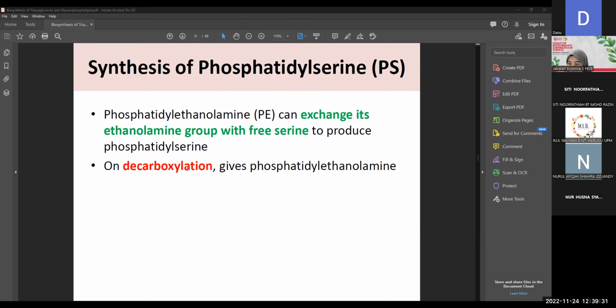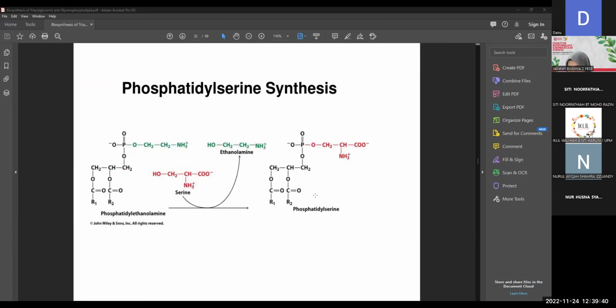But when phosphatidylserine undergoes decarboxylation, it will produce phosphatidylethanolamine. So this is how the exchange of the ethanolamine group with the serine group works in phosphatidylserine synthesis.